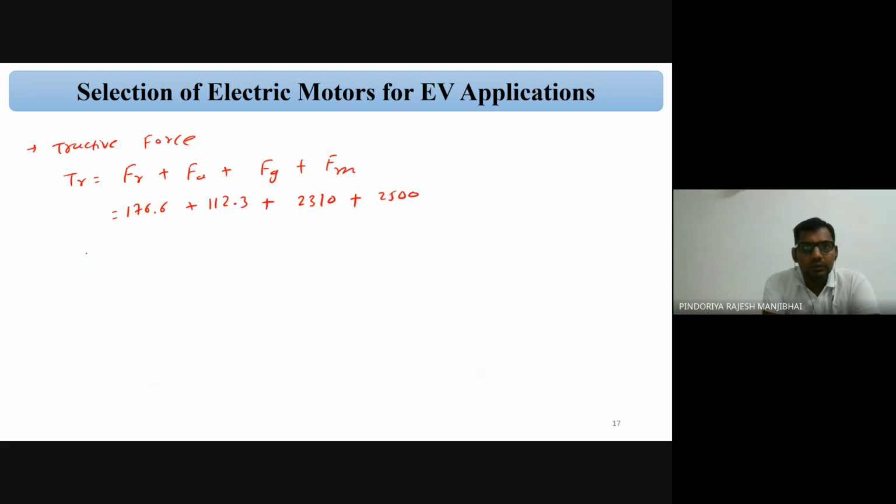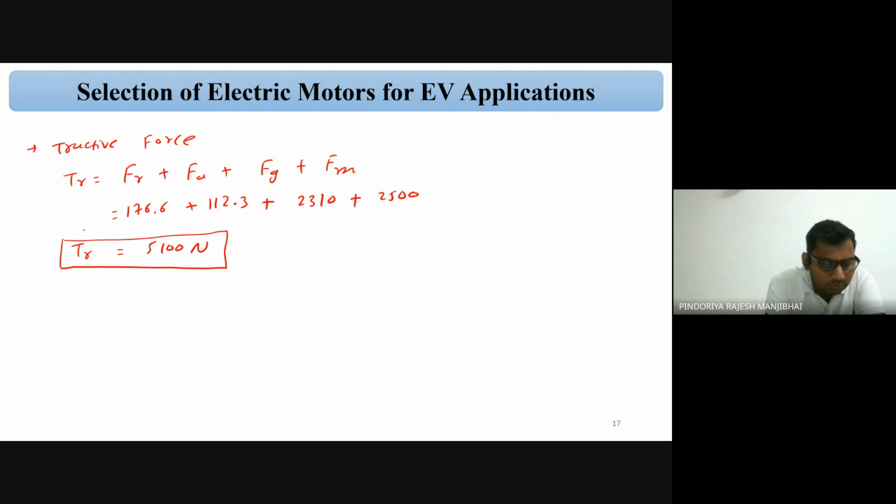Yes. So Ft there is 5100. Yes. So this is the tractive force.